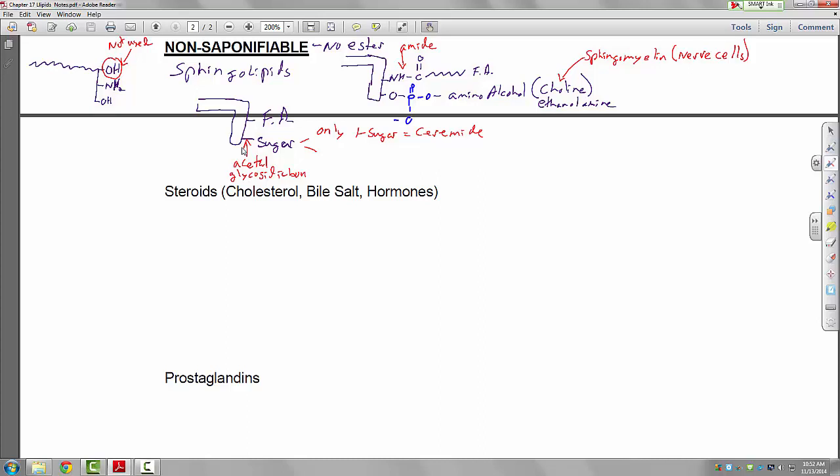So I'll just say more than one sugar. We have a ganglioside, also found in nervous tissue. So you think of this as a gang O sugars. We have a number of sugars attached here in the glycosidic bond.